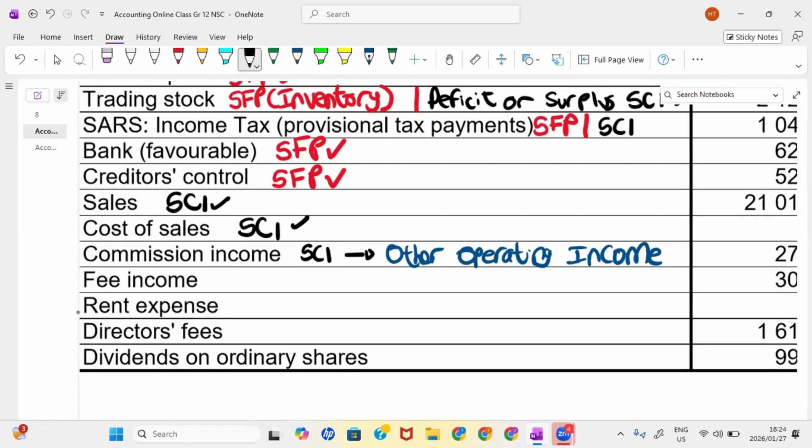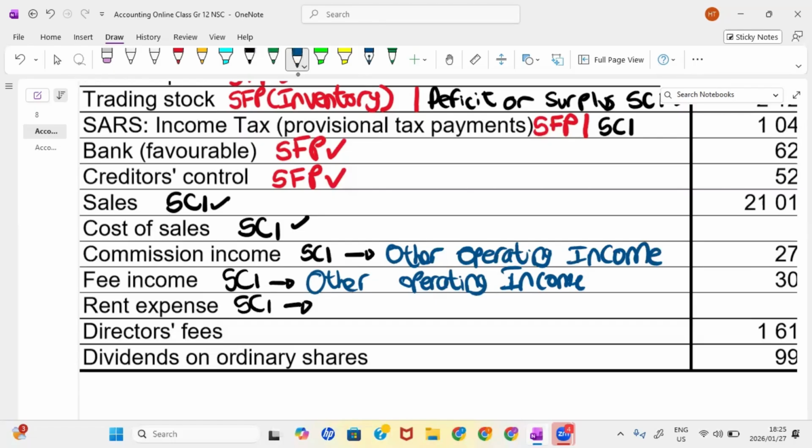And then we have fee income that goes to the statement of comprehensive income, and then we also record it under other operating income. And then next on the list, we have the rent expense that goes to the statement of comprehensive income.